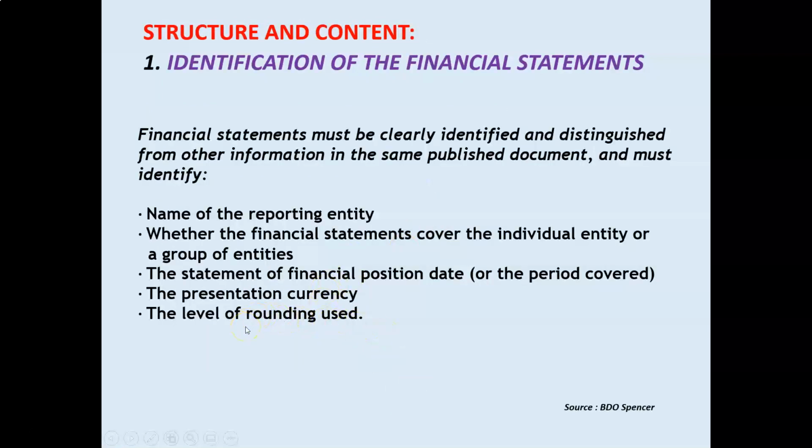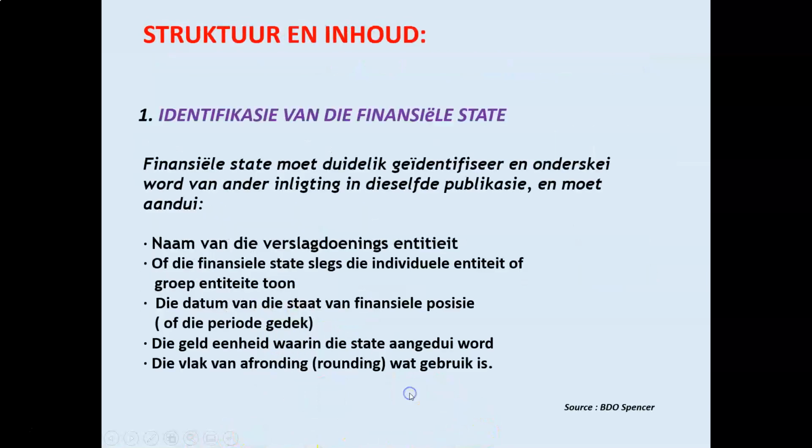So whatever denomination I'm going to use, I will indicate that by the number of zeros that I'm going to put behind the rand. So very important again, so that I know exactly how big this figure in actual fact is.